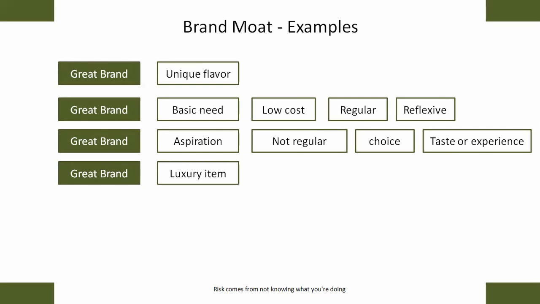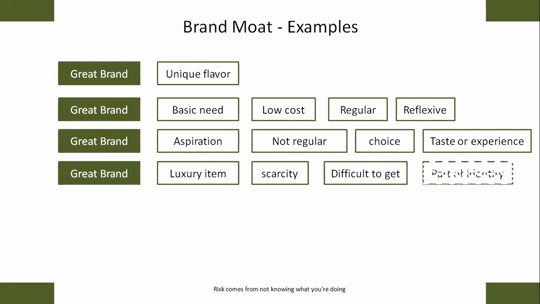The third could be a luxury item which would be expensive. There is a scarcity, everyone doesn't have it. If you make it difficult to get, for example Ferrari, and you make it a show off item, part of your identity, Ferrari becomes part of my identity, then stickiness increases.